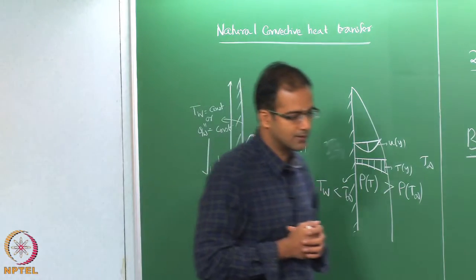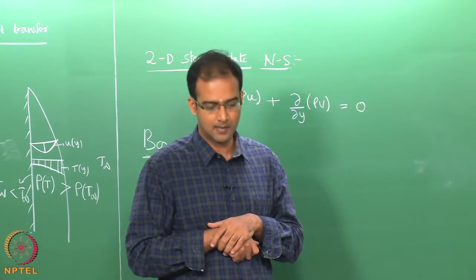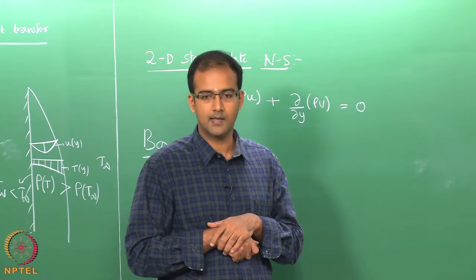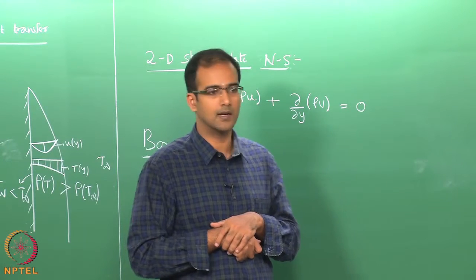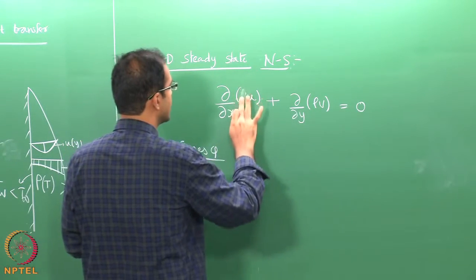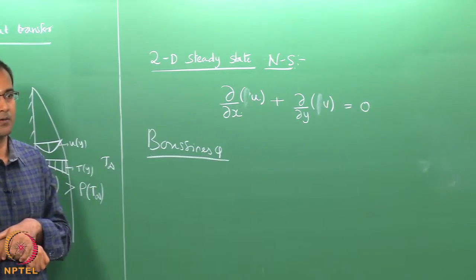So, to start off, we will make the approximation as done by Boussinesq and therefore pull density outside as a constant from the continuity equation, and also the convective part of the momentum equation.